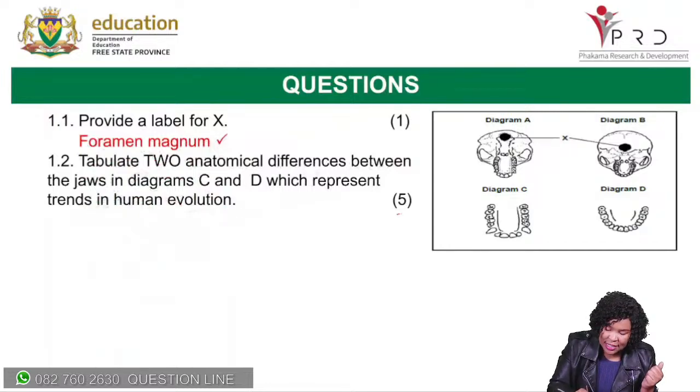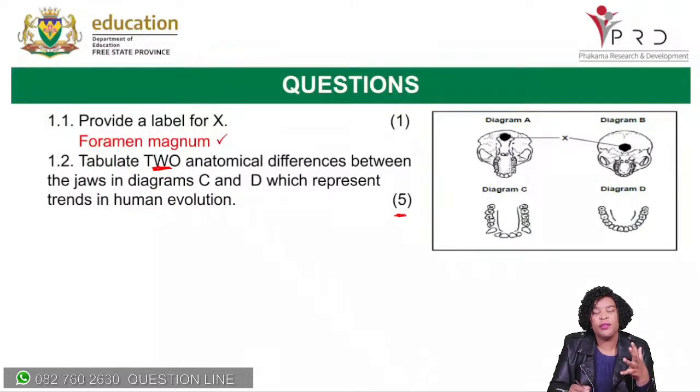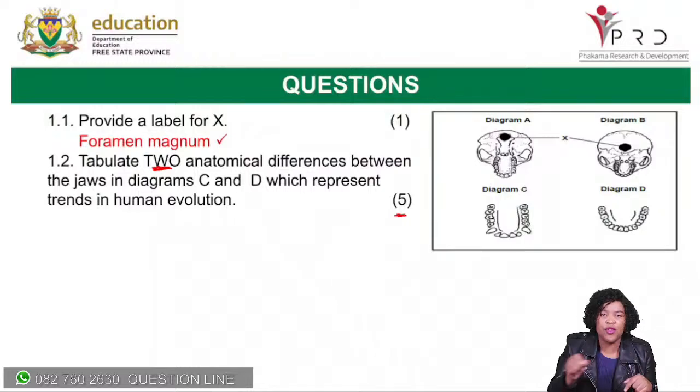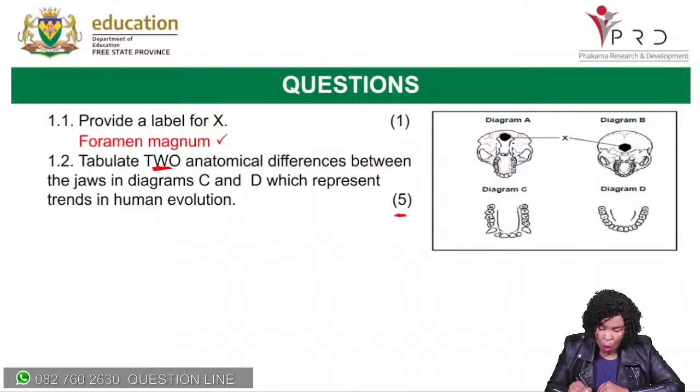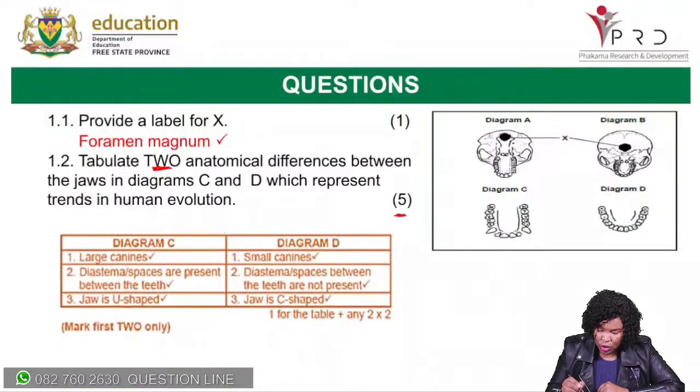So once you see that it says tabulate, then there's 5 marks, and then you are asked to tabulate 2 things. Then you know that another mark will be for the table itself, for drawing a table with columns and rows. So not just a table without the columns and the rows, and the headings, the subheadings in the table. So what are the differences between those jaws?